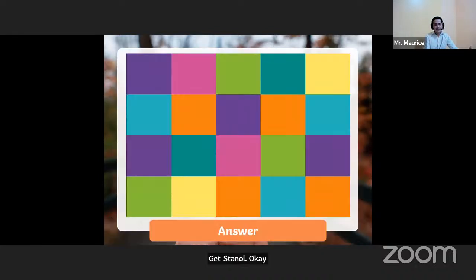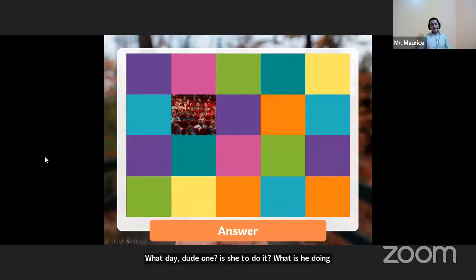Okay, so let's play. I'm going to show you a part of the picture and you have to figure it out. What are they doing? What is she doing? What is he doing? Alright? Now, 1. What are they doing?